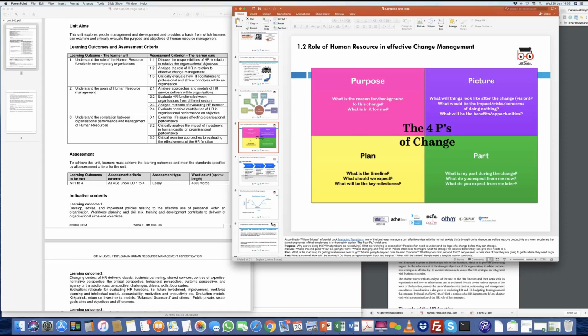Then, once the change has started to happen, how do they review whether this new structure, new culture, new policies and procedures, or training and development is making that impact or giving that makeover which is required within the organization.